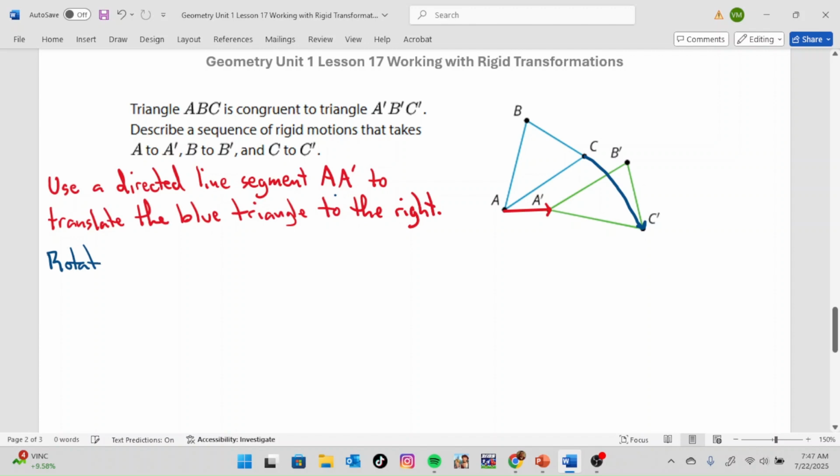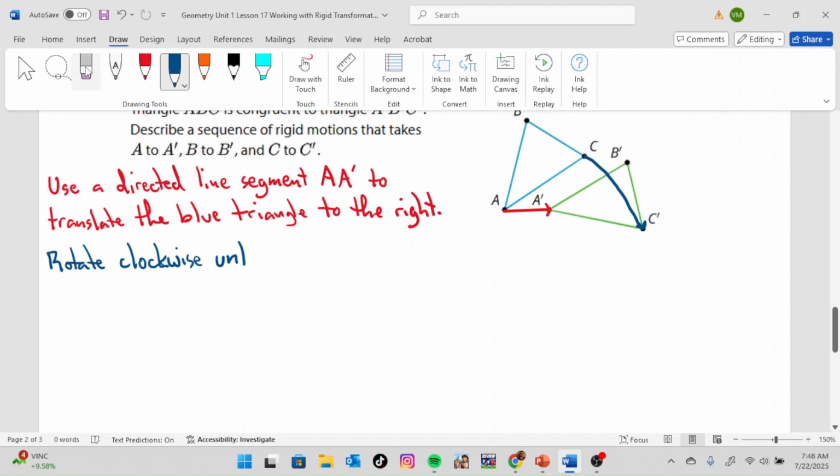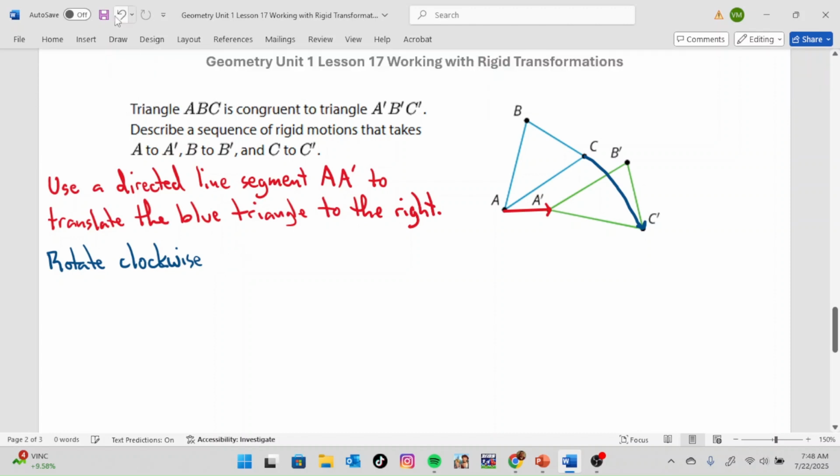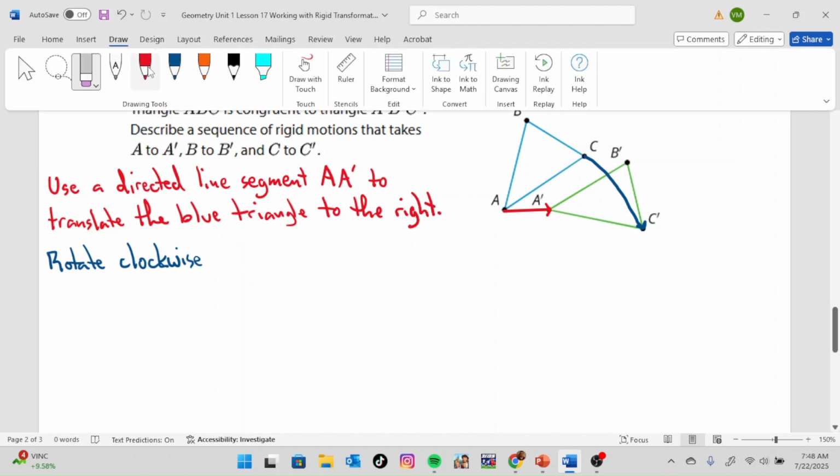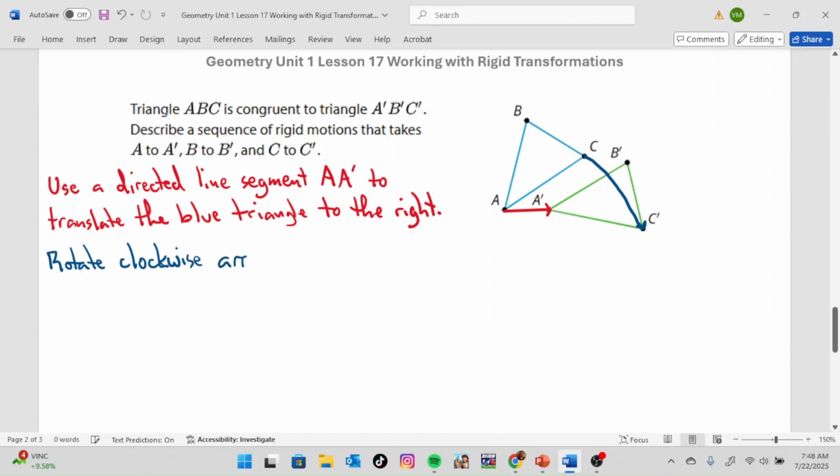So rotate clockwise around A prime until C becomes C prime.